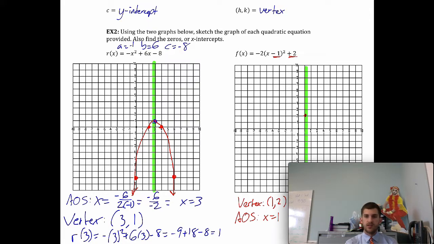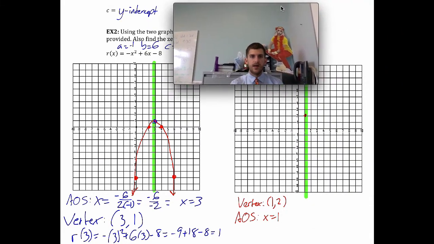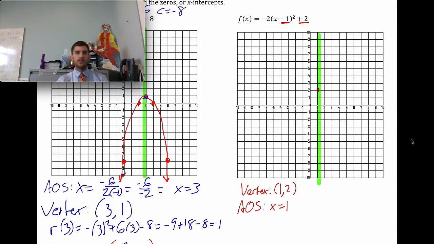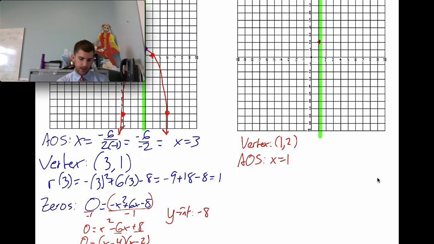Now I'm going to shift things around a little bit so that I'm not covering up important information for this problem. There we go. So let's zoom in a little bit. To find some zeros, let's start by setting the whole function equal to 0. So for our zeros, we'll do 0 equals -2(x - 1)^2 + 2.